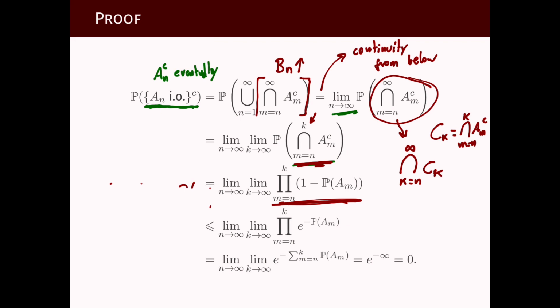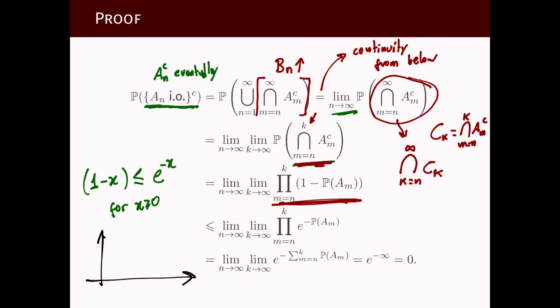And now we're going to make an estimate from above of this product, and we're going to use a very common estimate, which is 1 minus x is less than or equal to e to the minus x for x larger than or equal to 0. You can see this here in the graph of the function: this will be e to the minus x, and this will be 1 minus x. So I'm just replacing 1 minus this probability with an upper bound by an exponential.